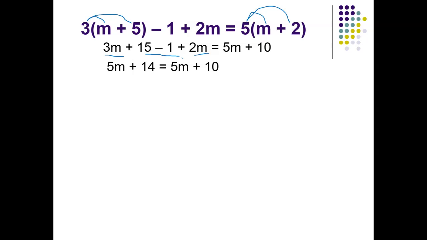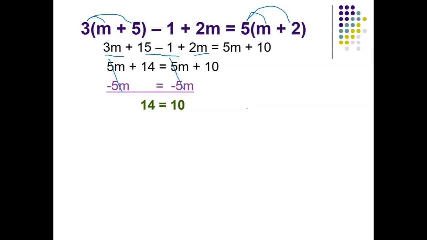It doesn't matter here which m I eliminate because both are exactly the same, 5m. So when I try to eliminate one, both get eliminated. 5m minus 5m on one side and 5m minus 5m on the other side both become 0. This is an unusual situation we haven't seen in the previous examples. The first thing you notice is that the variable is gone.